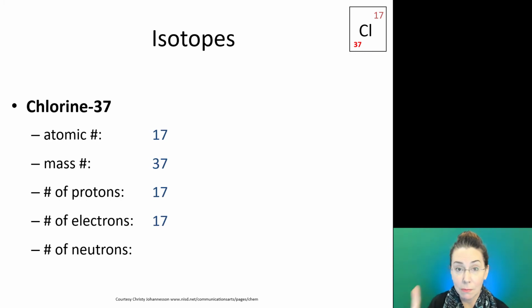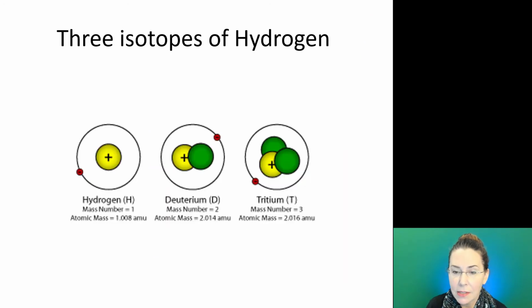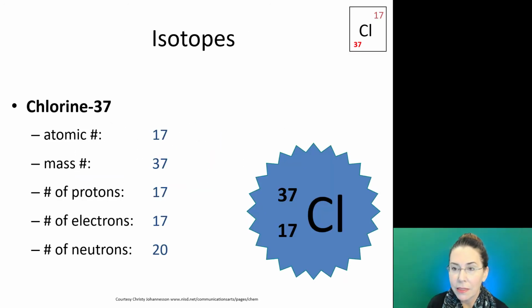Remember, our electrons and protons are always going to be the same number in a neutral atom. How many neutrons would chlorine-37 have? If you said 20, you are absolutely correct. Chlorine-37 is an isotope of chlorine.